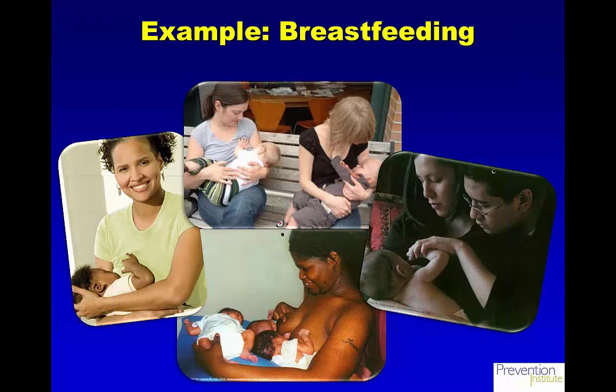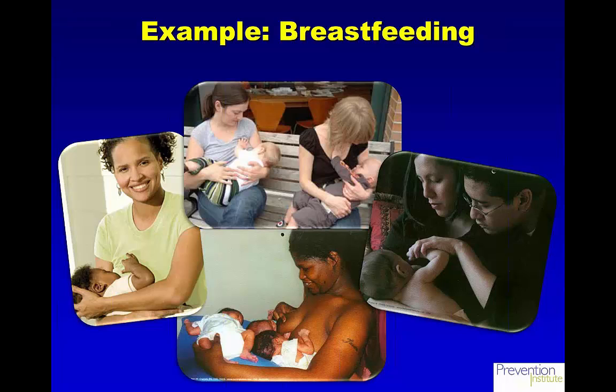We hear things like changing hospital practices so that formula isn't automatically given to infants at birth. We hear changing the practices of OBGYNs and pediatricians to really encourage women to breastfeed, the provision of lactation consultants. The point is, there's not one thing that contributed to the declines in breastfeeding, and there isn't one thing that has contributed to the increase.